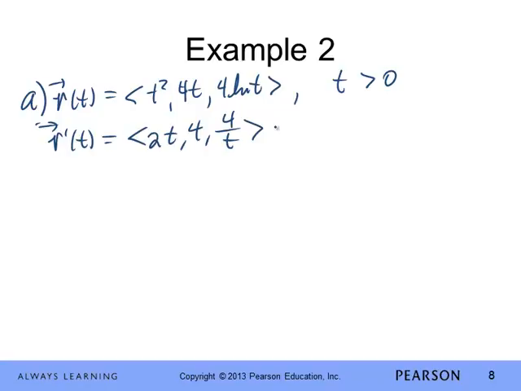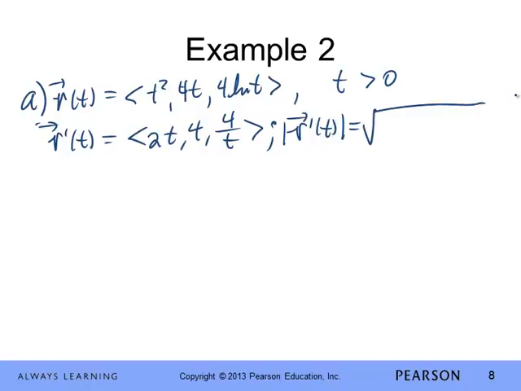What's the magnitude now of r prime? Meaning the speed. Because after all, that's what speed is, right? The magnitude of the velocity. Well, let's go ahead and compute that.